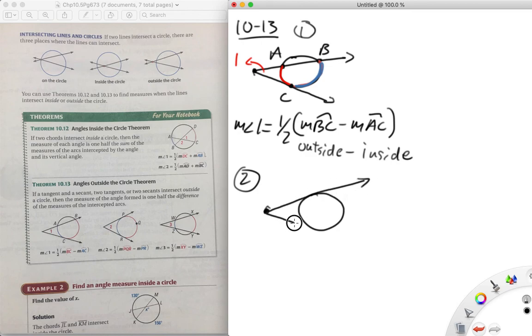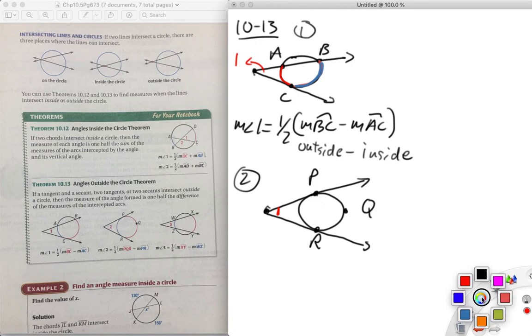So we have a tangent line here and a tangent line here. All right, they call this P, they call this R, and they call this Q. All right. Here's my angle 1 right here. Here's my inside arc. Here's my outside arc. Okay, the outside arc is PQR, the inside arc is PR.